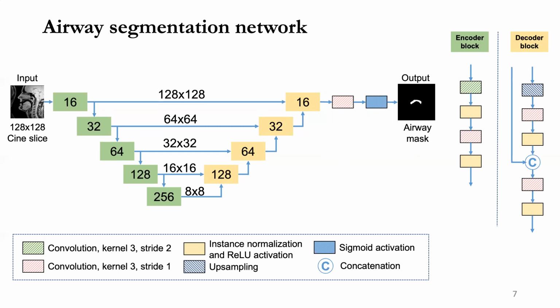The feature number doubles after each resolution level. In the lowest resolution level, the size of the feature map is 8 by 8, and the feature number is 256. The output of the network is a probability map of the airway, and then it is converted to a binary airway mask.